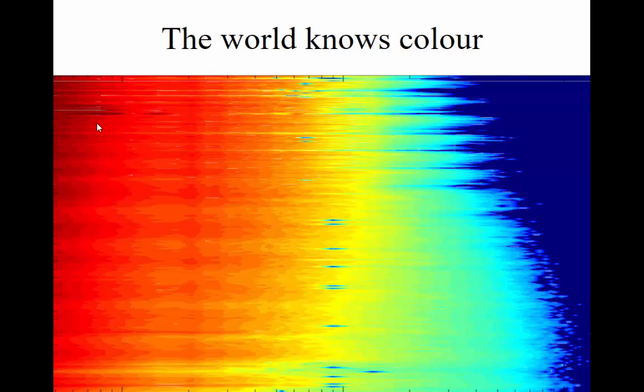So if we talk about redness as being something different from greenness, then we have to be very careful to specify what we're doing. And what we're doing is basically we're making a partition.